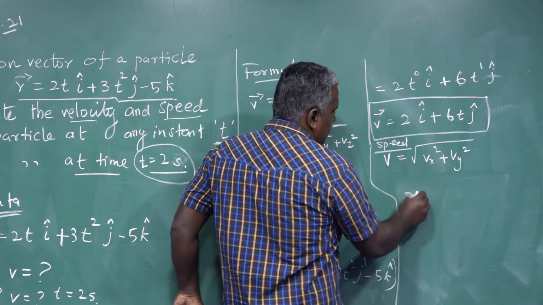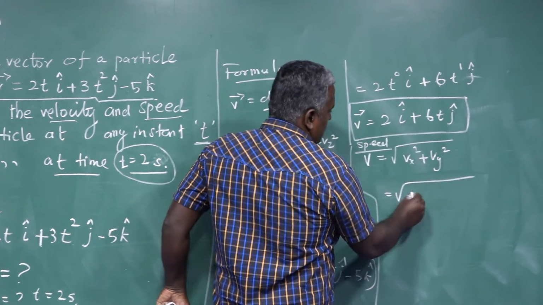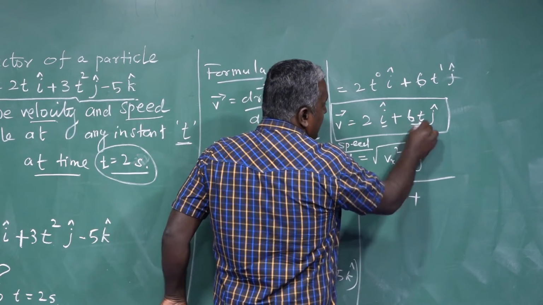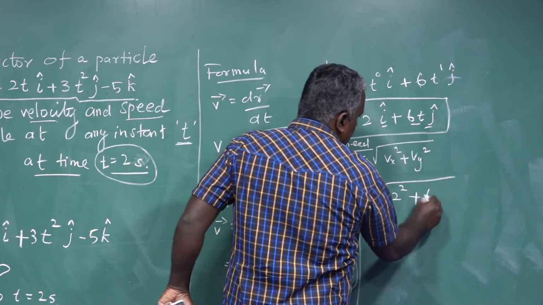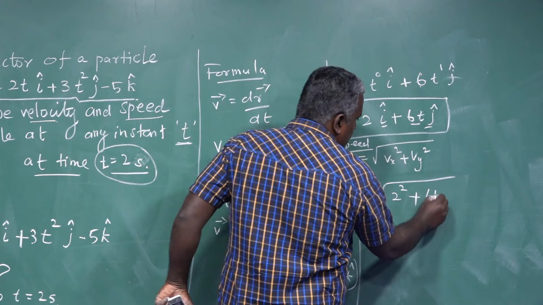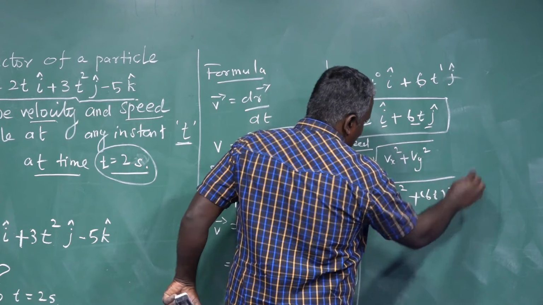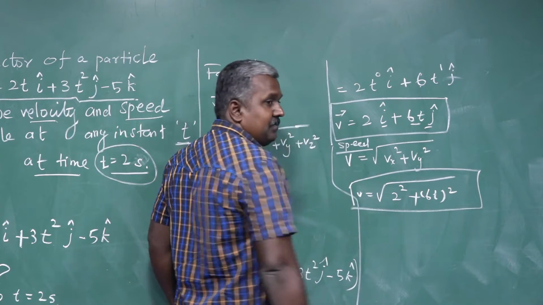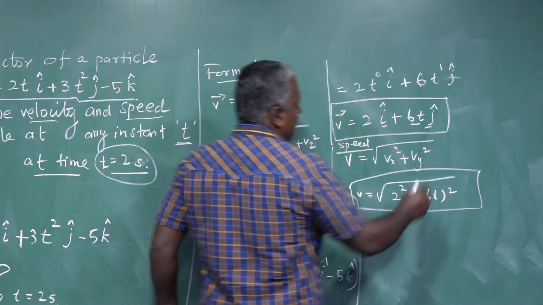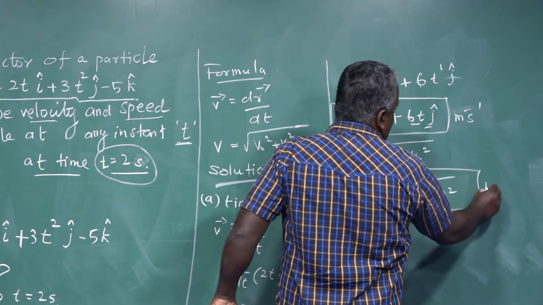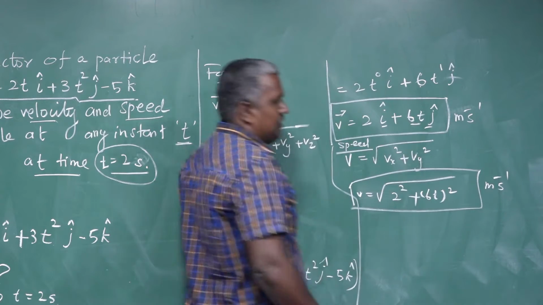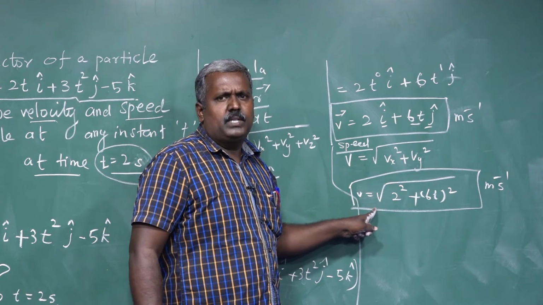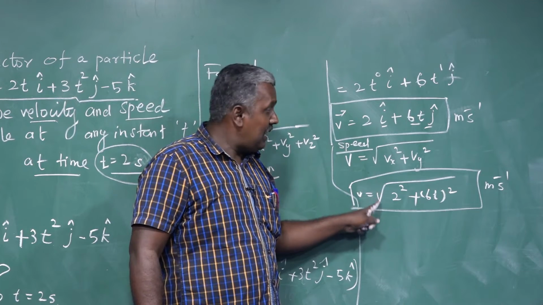So root of 2 square plus vy square, that is 6t whole square. This is speed, in meter per second, at any instant t, not at time 1 second or 2 seconds like this.